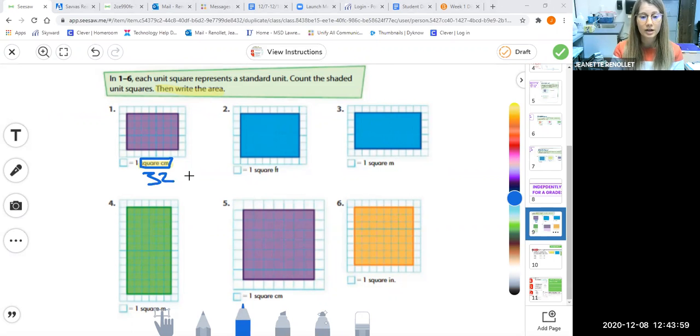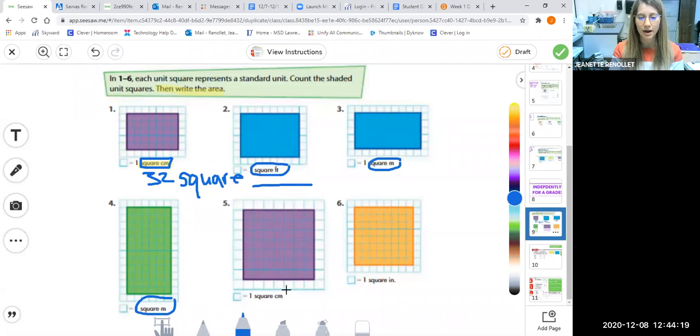Write the number, the word square, and the units. It may be inches, it may be feet, it may be meters. You can find it by looking at each example to see what they are measuring by.